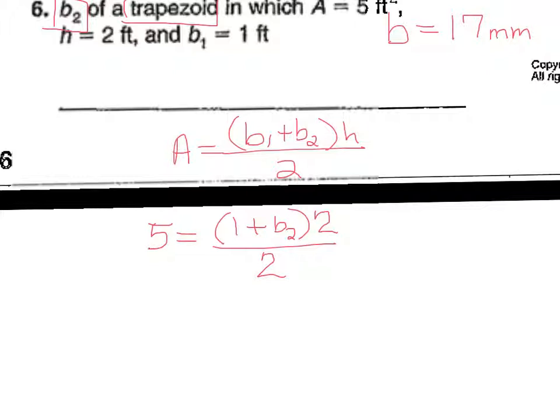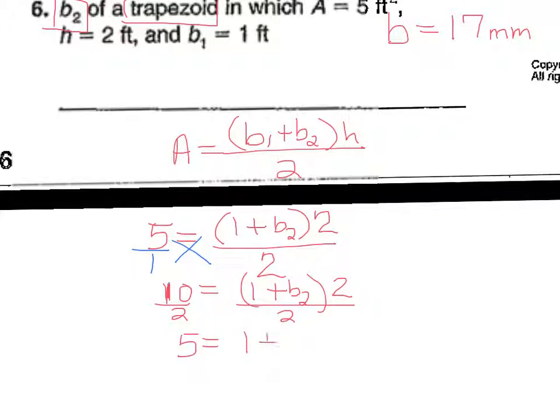So to find base 2, what do I do first? Multiply by 2. We can make it a proportion, 5 over 1. So multiply by 2, and that would be 10. 10 equals 1 plus b sub 2 times 2. What's the next step after that? Divide both sides by 2, and that would be 5 equals 1 plus b sub 2.